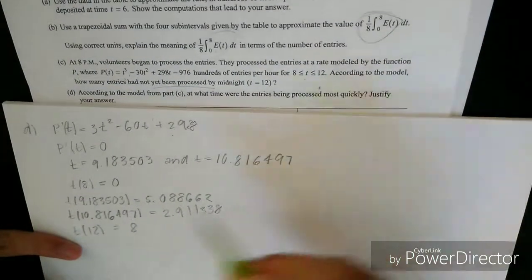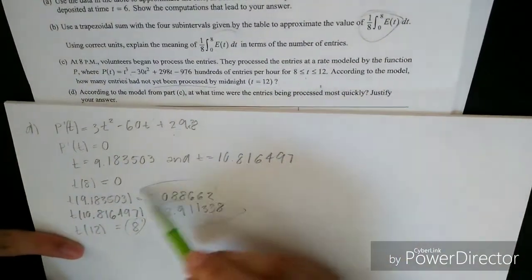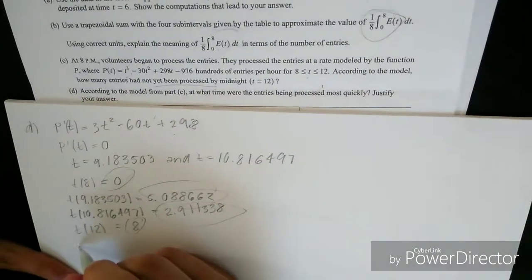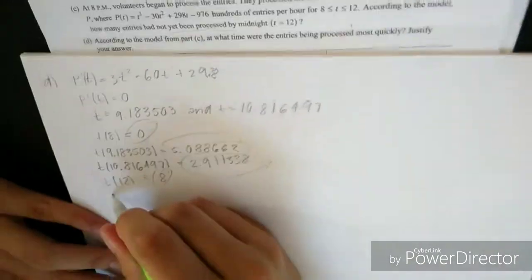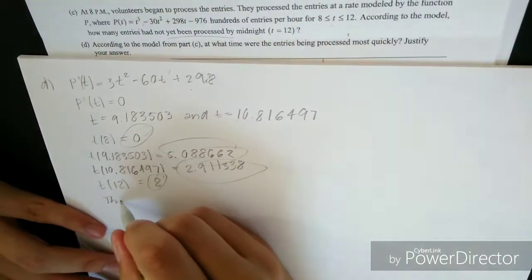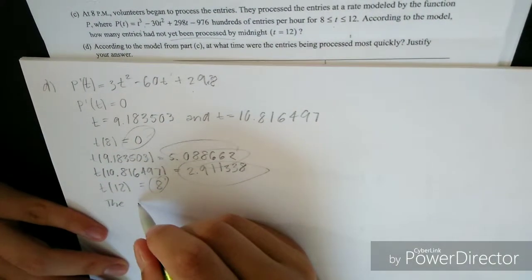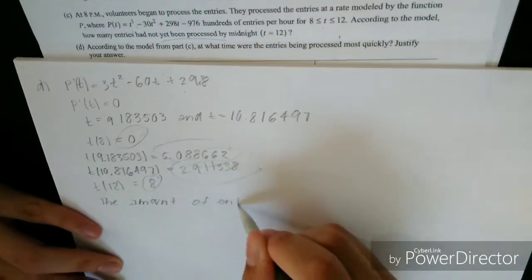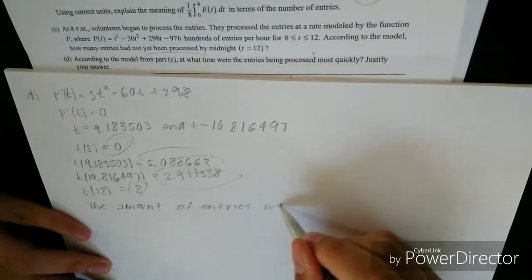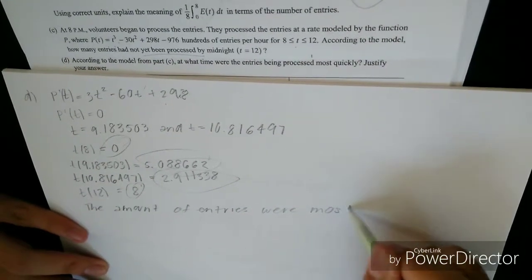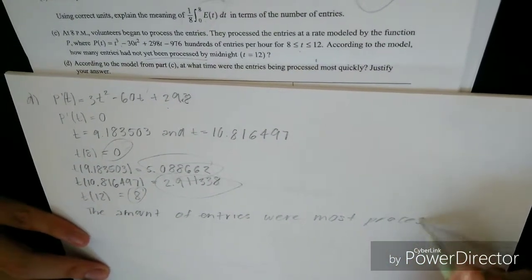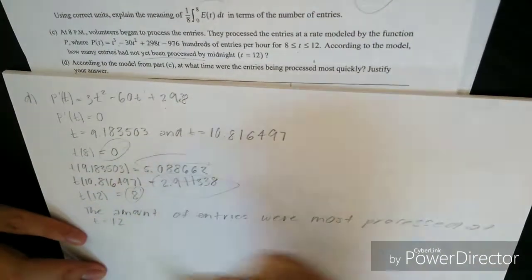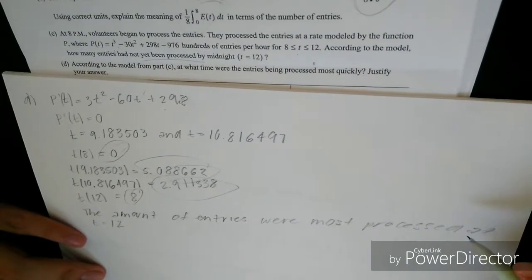So from here, we could see that the most entries were being processed at t equals 12.